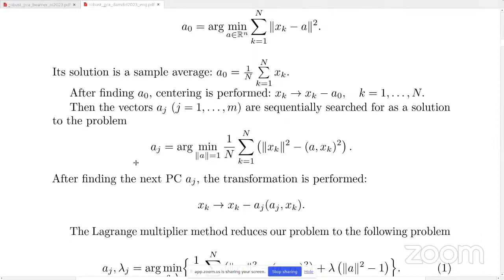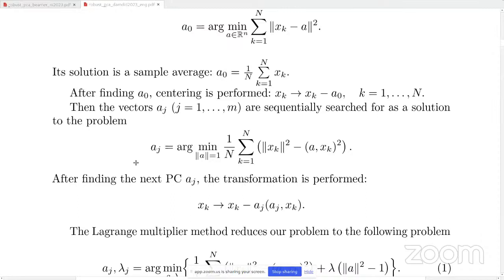They are searched by solving the following problem. We are trying to minimize the mean average of the squared distance from the points to the line with direction vector A with the norm equal to 1.